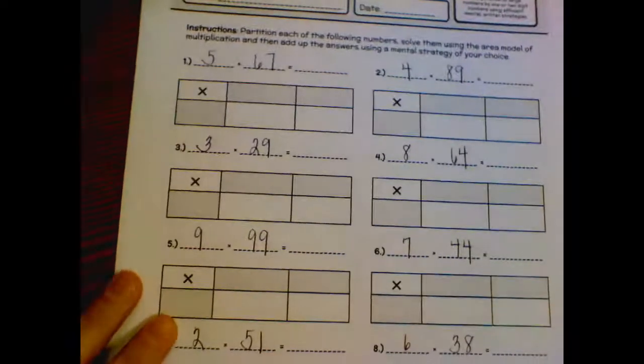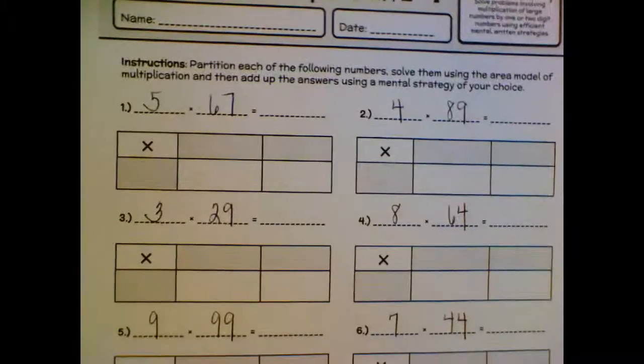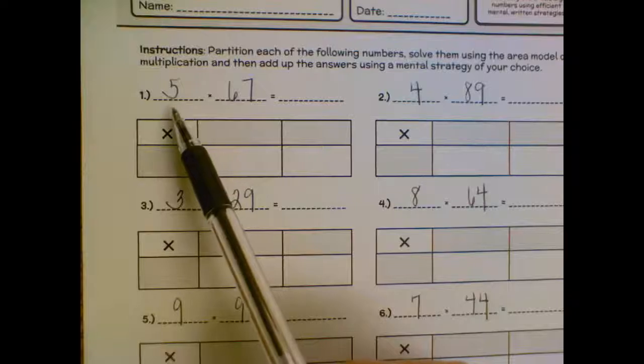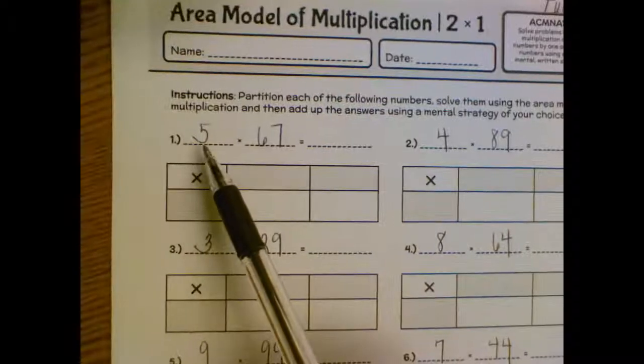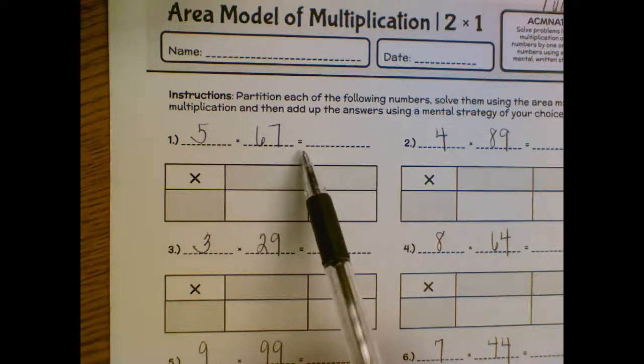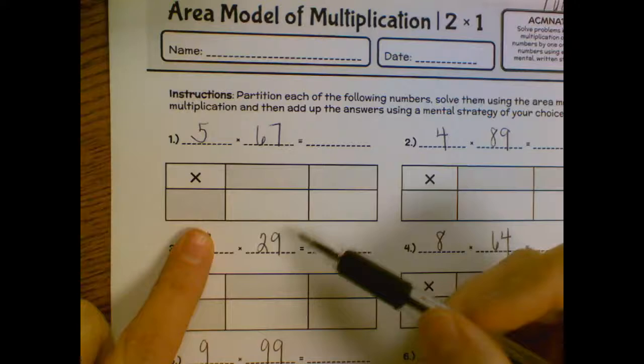So in your packet, this is what you should be looking at. So we are going to do some of these together, and some of them you are going to attempt on your own. So here's the original problem for number 1. It's 5 times 67 equals, and we'll put our answer here. So let me show you how to use this.